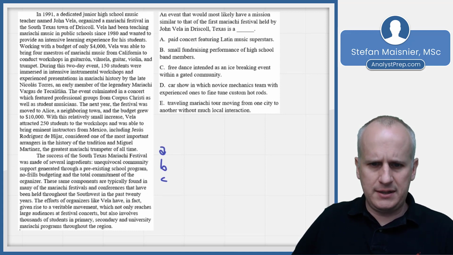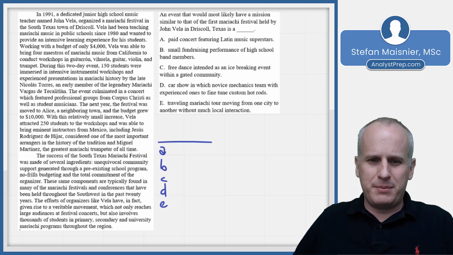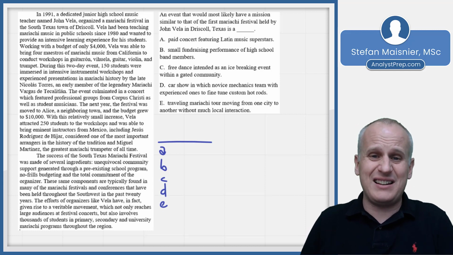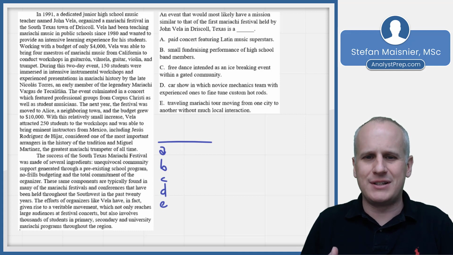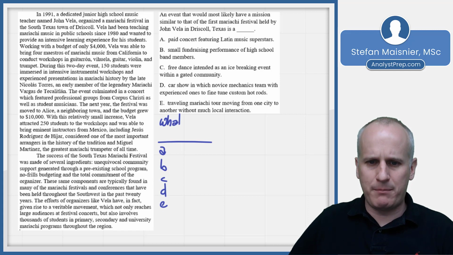We got A, B, C, D, E, and we got a little fill in the blank, which can always be a format that the exam uses in the verbal reasoning section in a lot of different ways. So, an event that would most likely have a mission similar to that of the first mariachi festival held by John Vella in Driscoll, Texas, is a blank. So, we can make this into a much smoother what-matches style question.